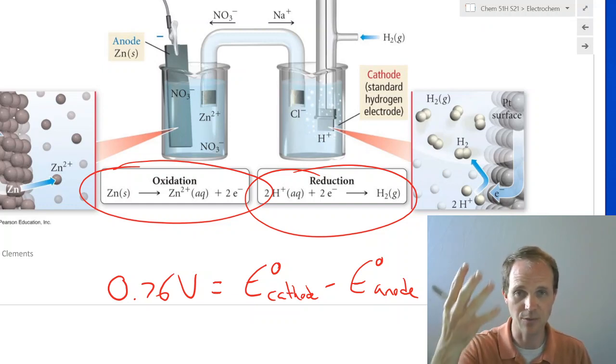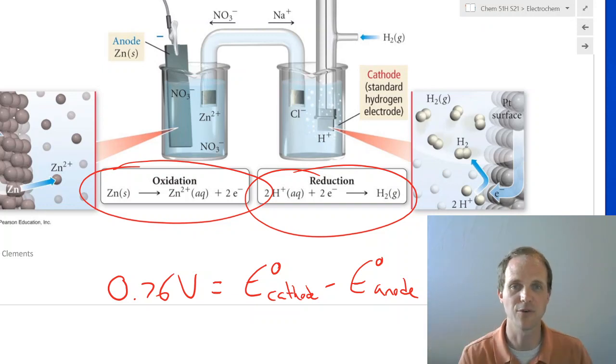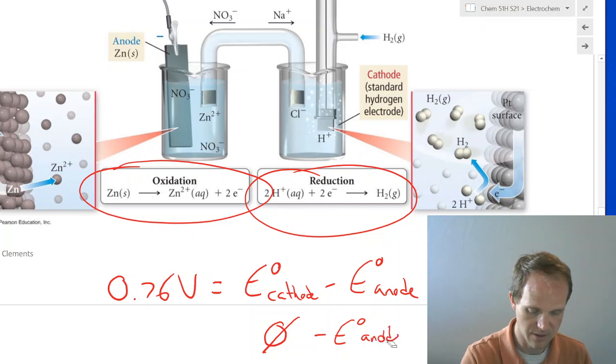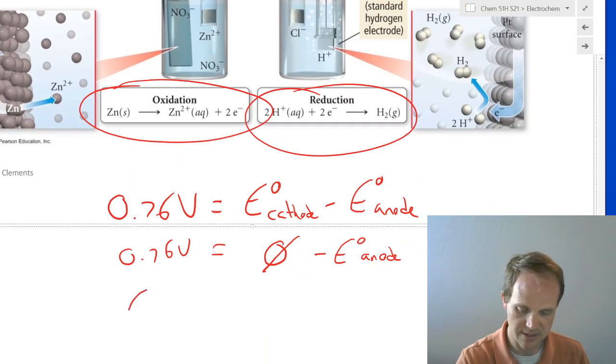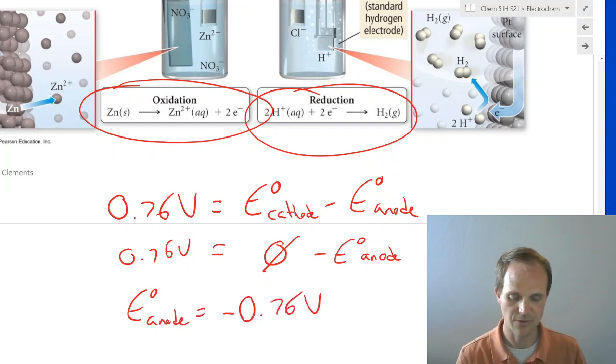If I have a half cell with something on one side and the exact same thing on the other side, how much voltage do you think that's going to generate? Yeah, 0. So in this case, we have 0, and so this is minus E naught of my anode, and that is equal to 0.76 volts, which means the standard cell potential of my anode is minus 0.76 volts.